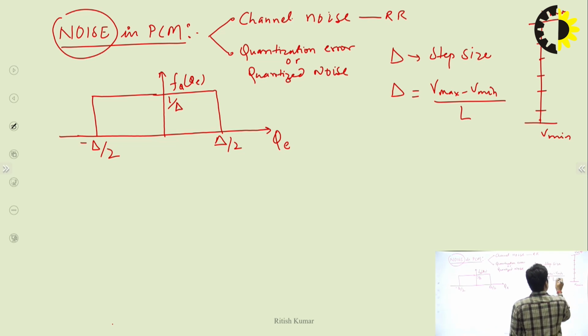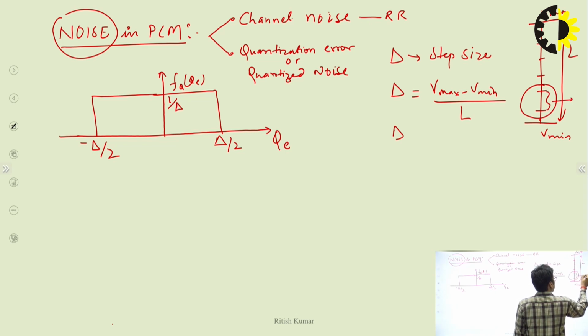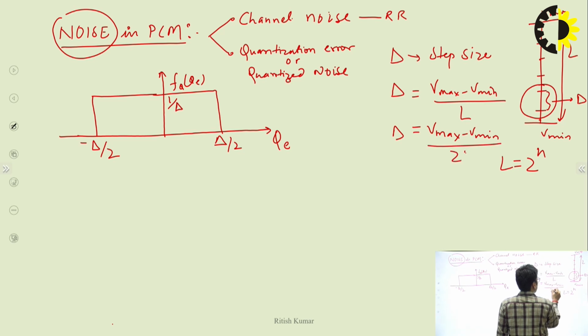To calculate the step size delta, delta is equal to (V max minus V min) divided by L, where L is the total number of levels, that is 2 to the power n.